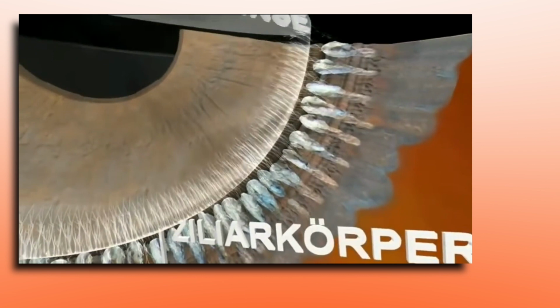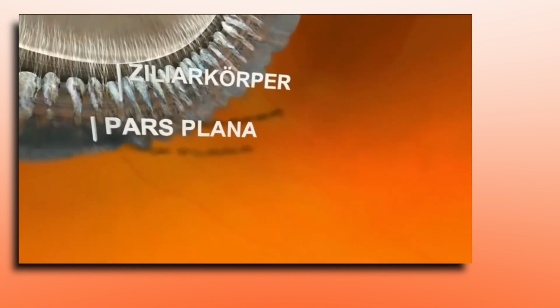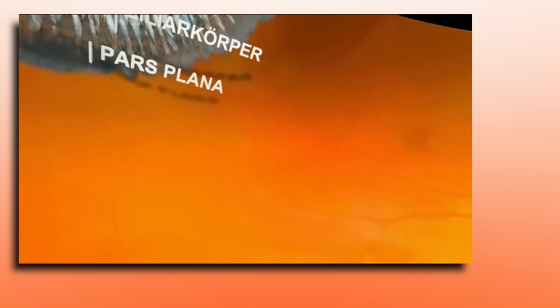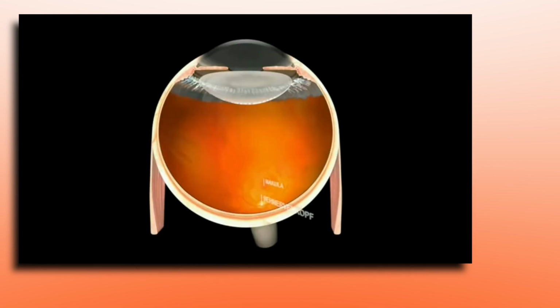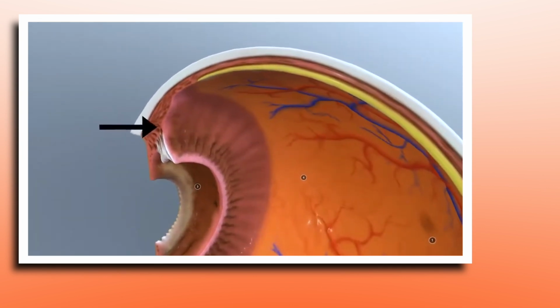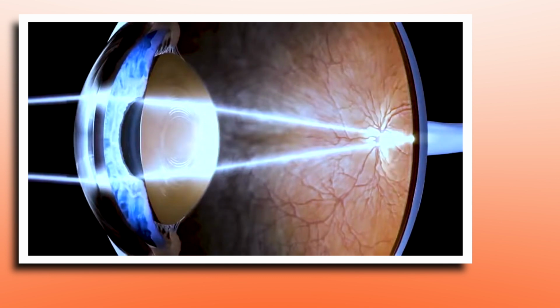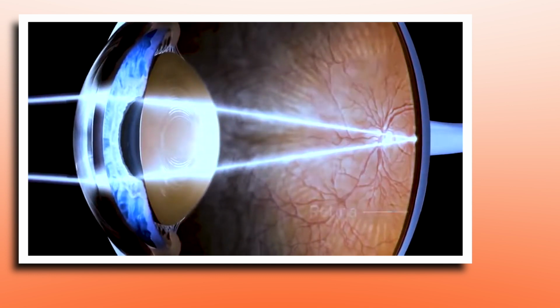The two eye fields of vision overlap and the images coincide, creating a single impression. This is done by synced eye movement, where both eyes move simultaneously to maintain the overlap of vision. Though we have two eyes, we are not seeing two objects. We are seeing only one object. This is called binocular vision.